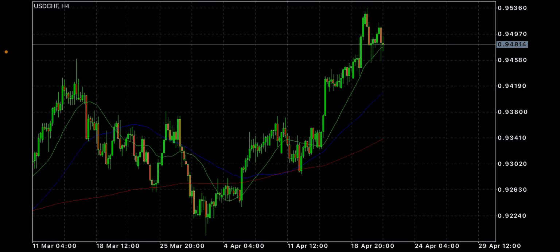Okay. So we have not had any CHF news this week show up on the economic calendar, and it does not look like we are going to get any CHF news for this week either, which is not too strange because CHF is not one of those currencies that constantly has economic news being reported on an everyday basis like the USD, the euro, or the British pound.